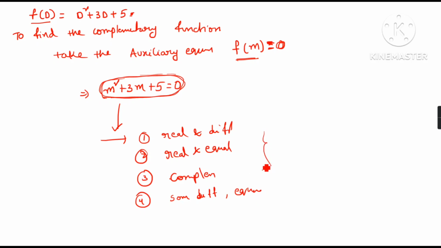So these are the types of roots. If the roots are real and different, how do we write the complementary function? If the roots are real and equal, how do we write it? If the roots are complex, how do we write it? So let us see now.